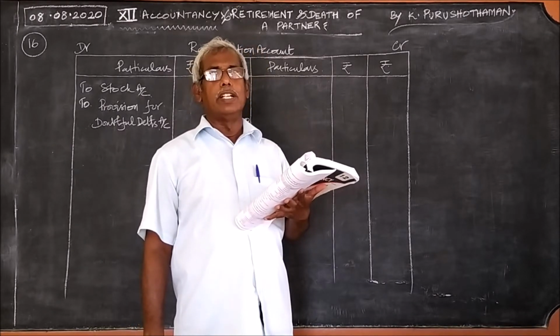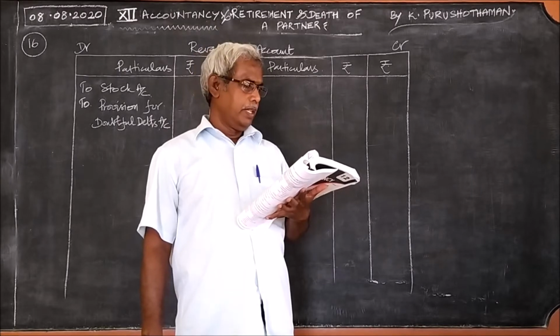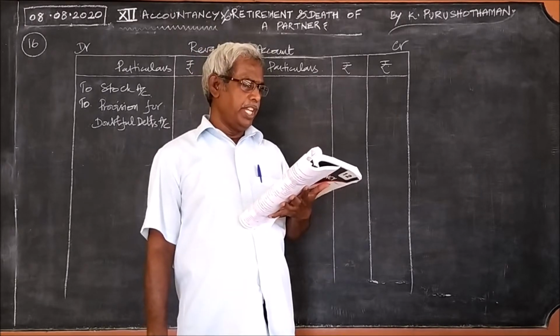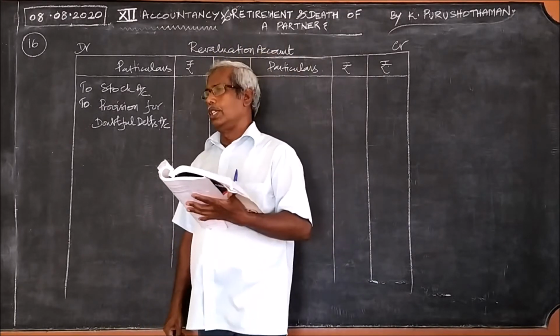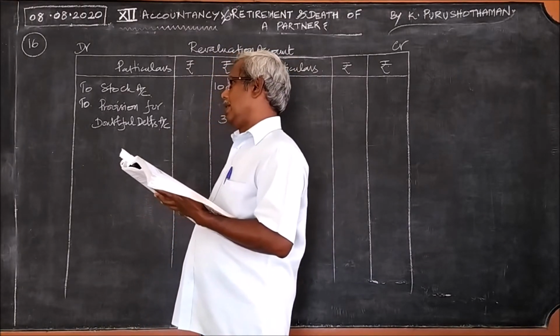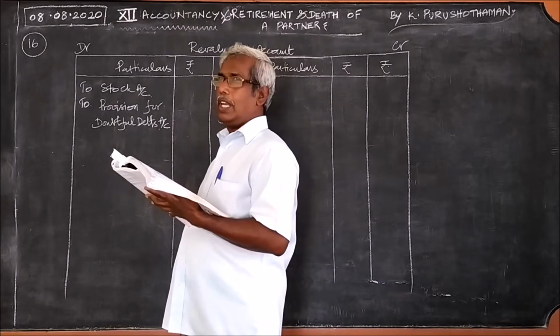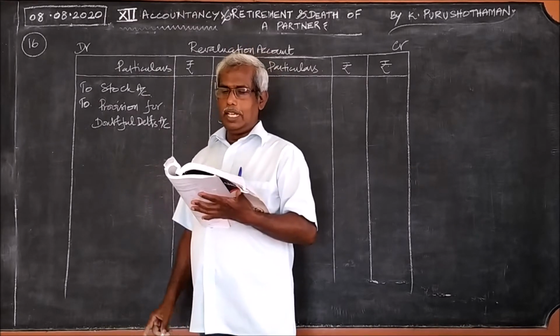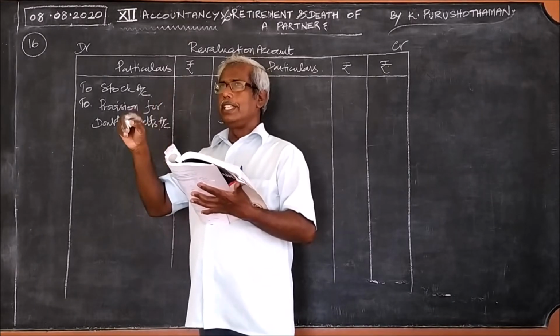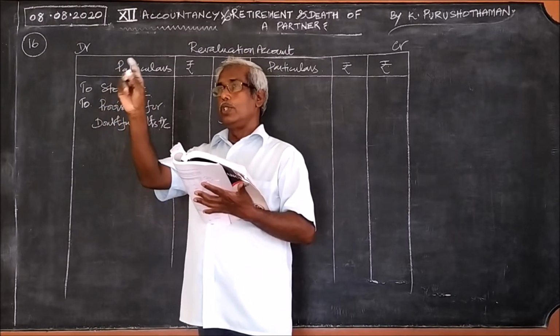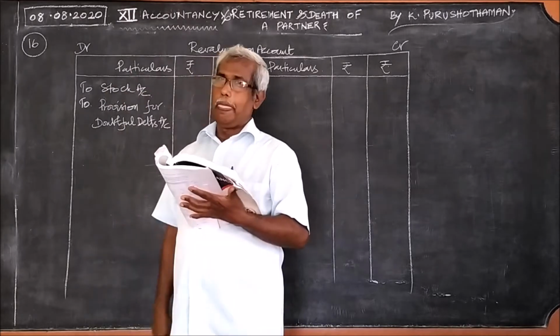What is the other way of asking the same question? Buildings to be appreciated to 1,28,000, are valued at 1,28,000. Already 1 lakh, now 1,28,000. The increase in the value of the building is 28,000. That is one way.